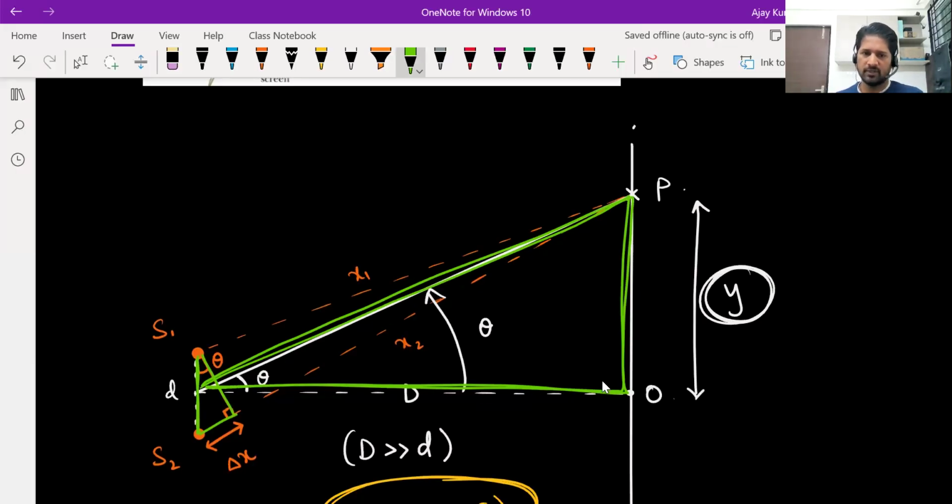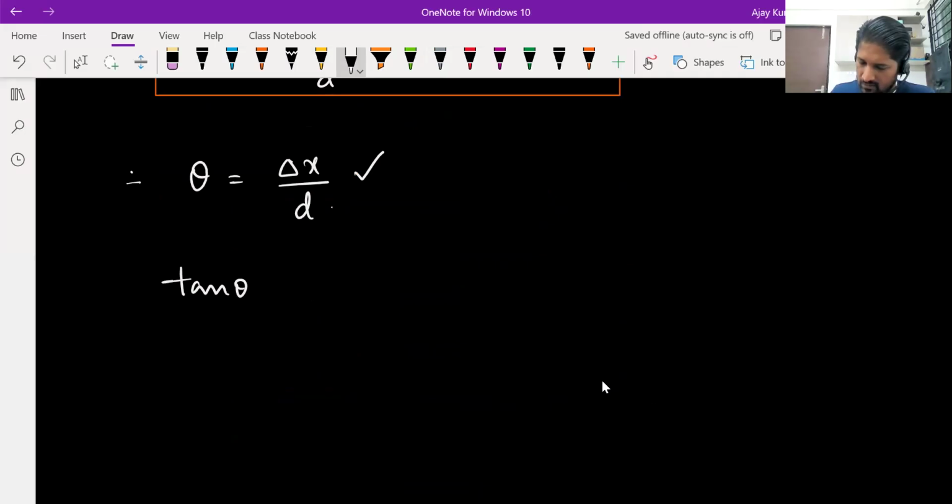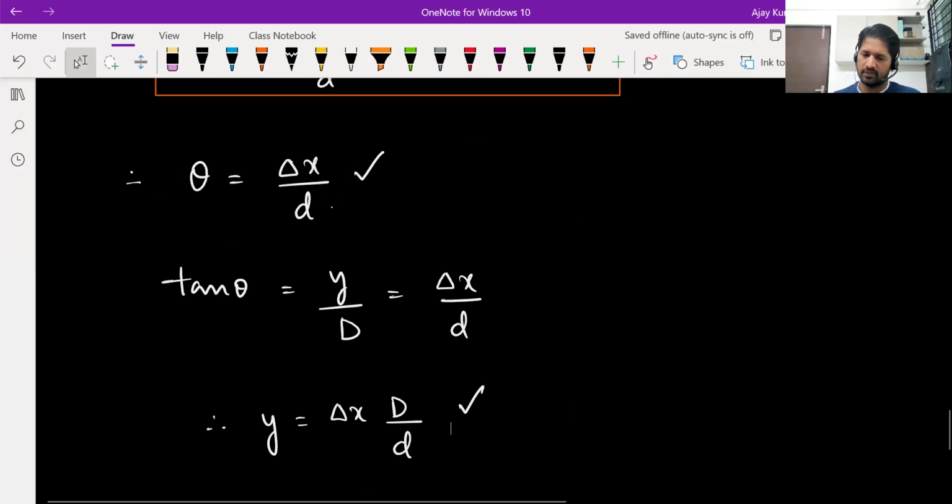Tan theta is y by capital D. And tan theta is approximately theta itself, which is delta x divided by small d. Therefore, y is equal to delta x times capital D divided by small d. We got a formula for the distance at which a particular path difference can be observed.